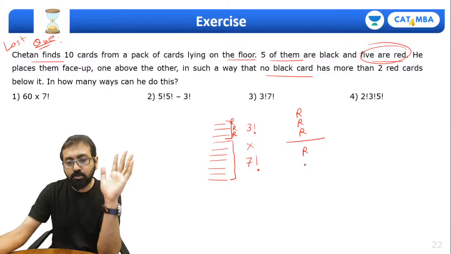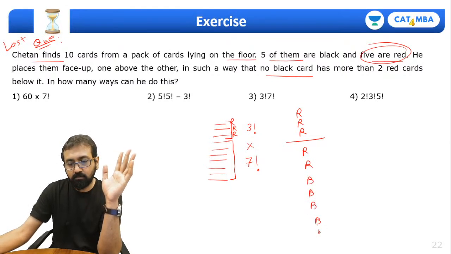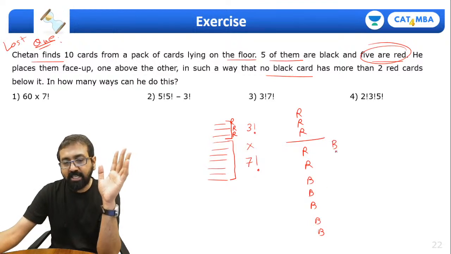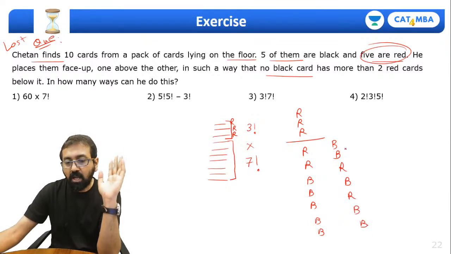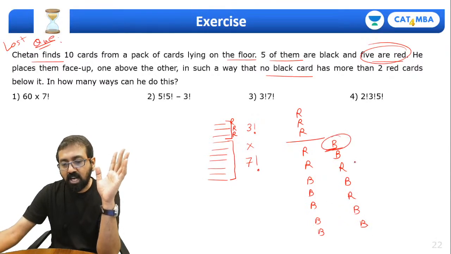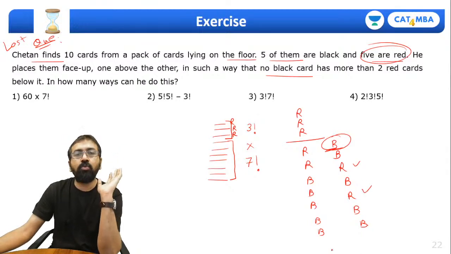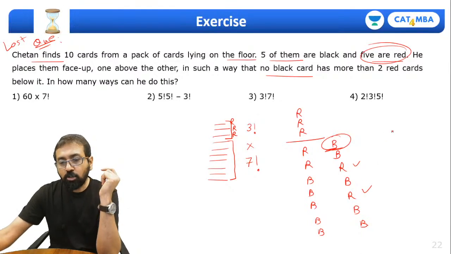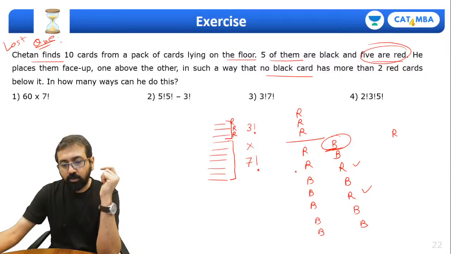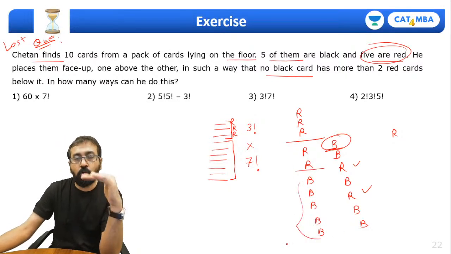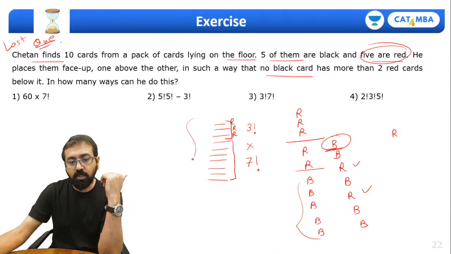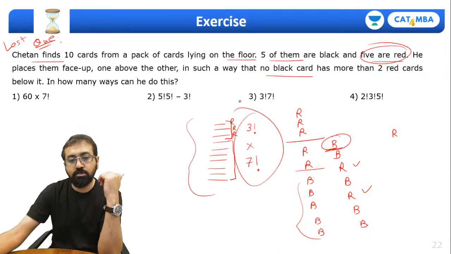So your red cards will be like this and the black will be like this, 5 black, or it can be like this: black, black, red, black, red, black and black. But ultimately below any card, you will not find more than 2 red cards. It may also be possible that we are putting red over here and all black. So not more than 2, meaning it can be 2, it can be 1, it can be 0. So this will take care of that. So the answer is 3 into 7 factorial.